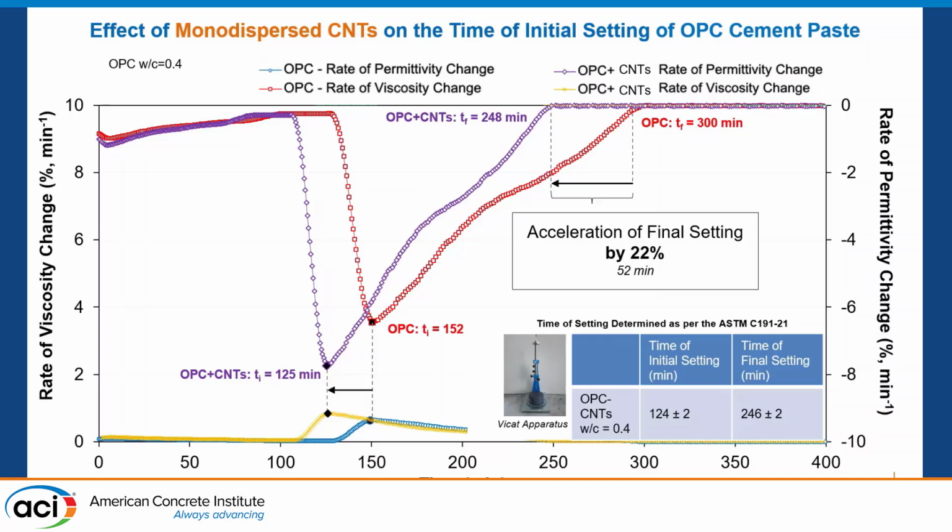And a second observation here is that the addition of carbon nanotubes, well dispersed, shifts to a lower initial and final setting time. That means that the addition of carbon nanotubes results in a slight acceleration of the hydration process.